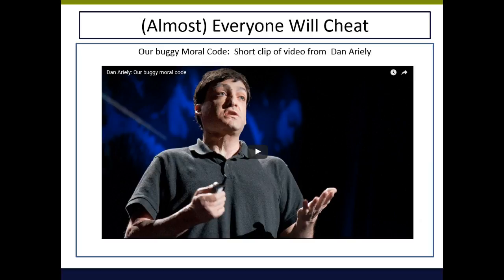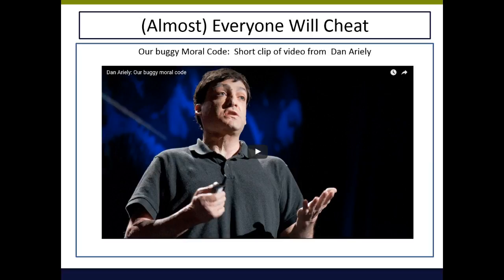This is actually a 20-minute TED Talk called Our Buggy Moral Code. Dan Ariely is a behavioral economist, and he's done a lot of research into cheating and what would entice people to cheat more or less. And I'm going to do a 60-second synopsis of what Ariely finds.